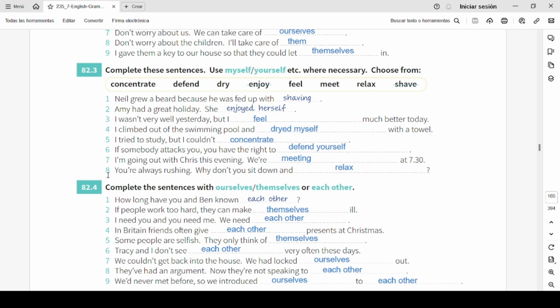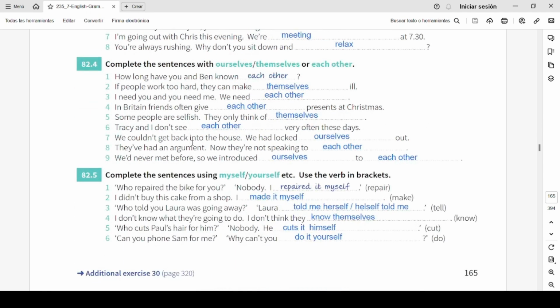You are always rushing. Why don't you sit down and relax? Right? So here remember, relax, meeting, concentrate, and feel are verbs that we cannot use with a reflexive pronoun.